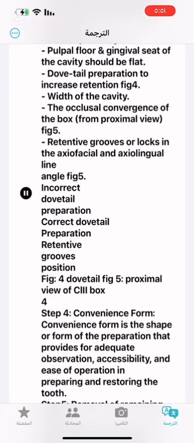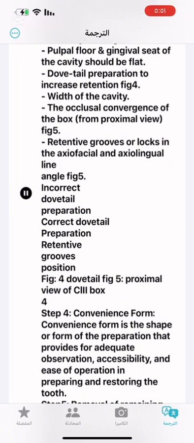Provided by dovetail retention form, the isthmus width should be as narrow as possible and no wider than 1/4 ICD. It may be necessary to tilt the bur to create facial and lingual slight occlusal convergence and mesial and distal walls to diverge occlusally.